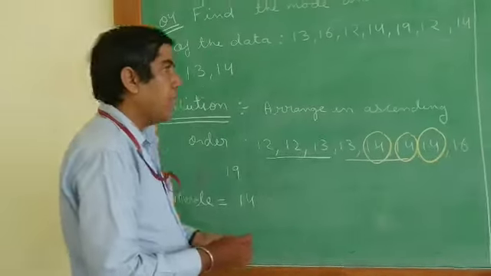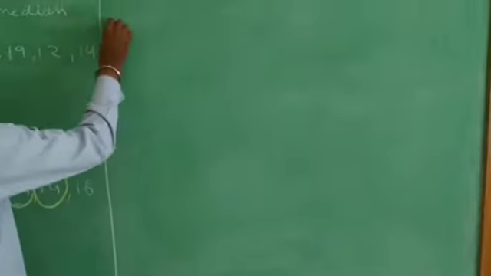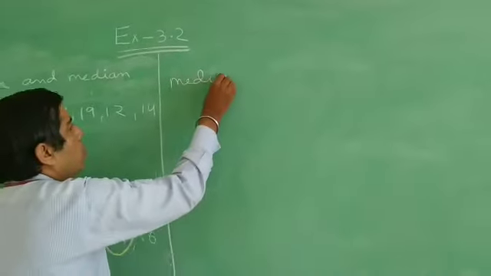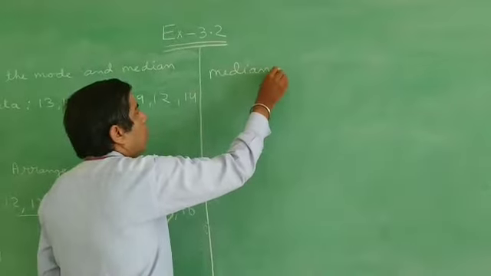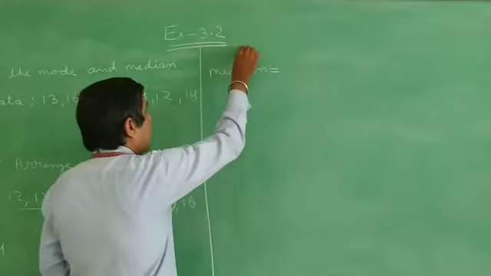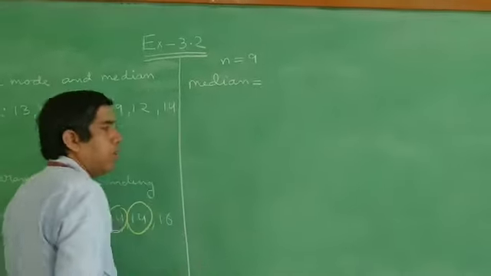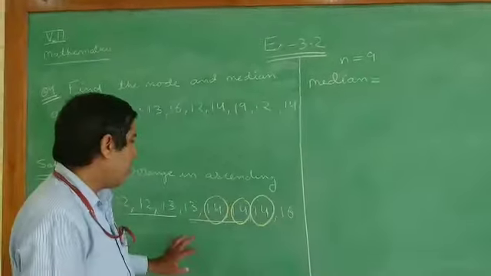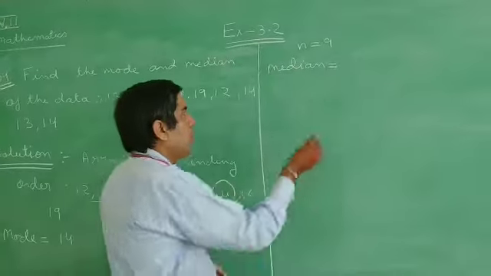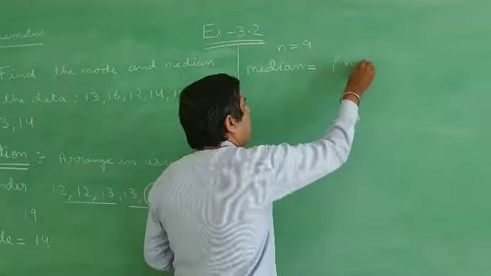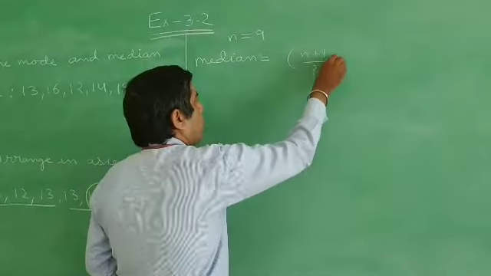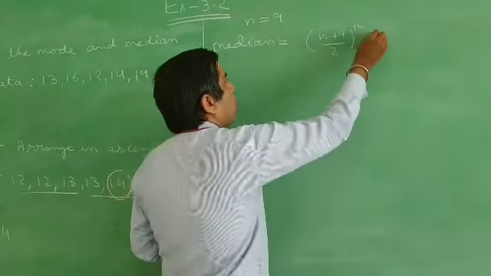Now let us come to median. So median is equal to, first before that I write here n is equal to 9. Number of observations, how many are there? 9. So I will use the formula (n plus 1) by 2th observation.